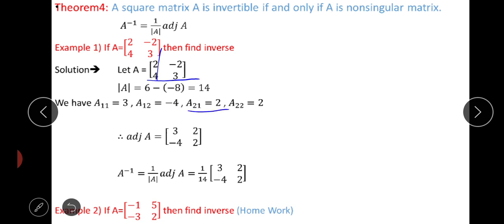Then cofactor of A22: delete second row, second column, we get 2, the minor of A22 is 2, then the cofactor of A22 is again plus 2.